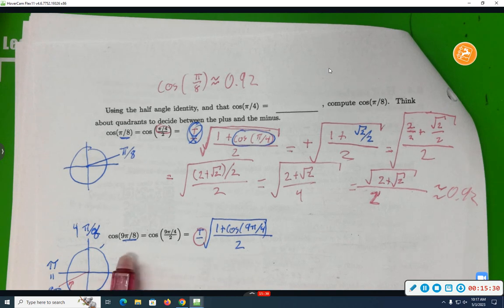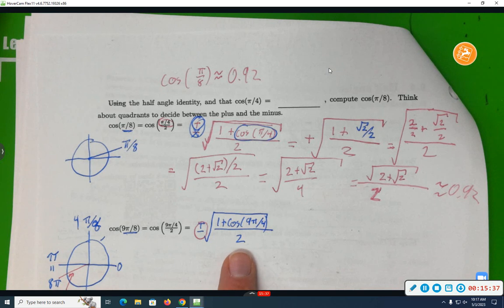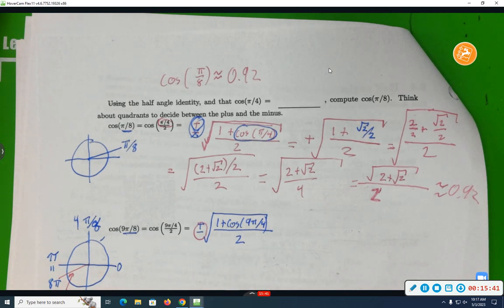Let's also talk a little bit more about cosine of 9 pi over 8. So we got it down to negative the square root of 1 plus the cosine 9 pi over 4 all over 2. What's the cosine of 9 pi over 4? Ideally by looking at the unit circle.